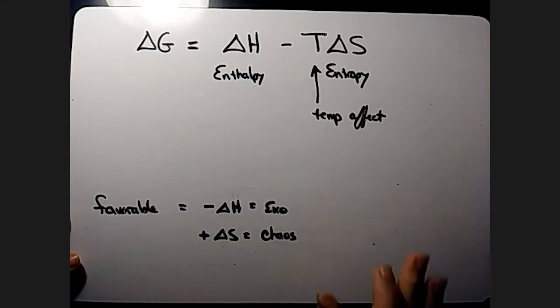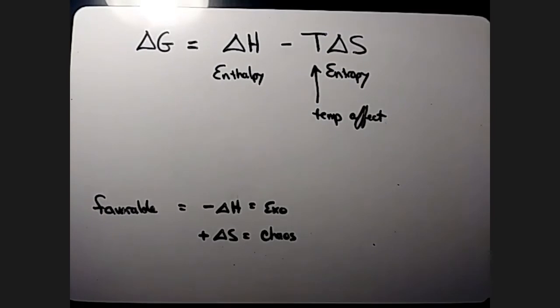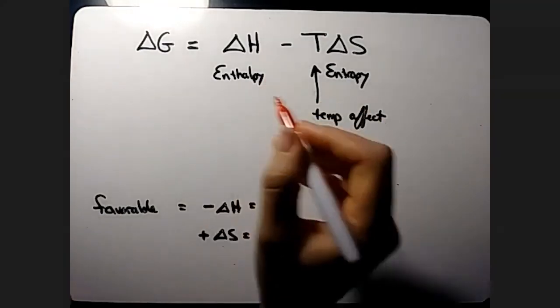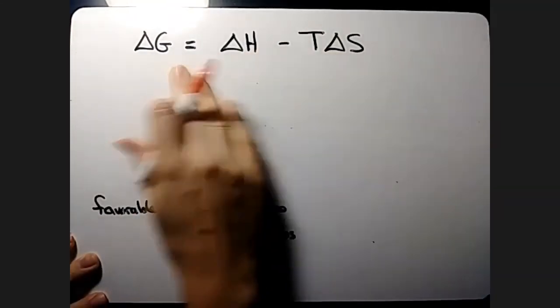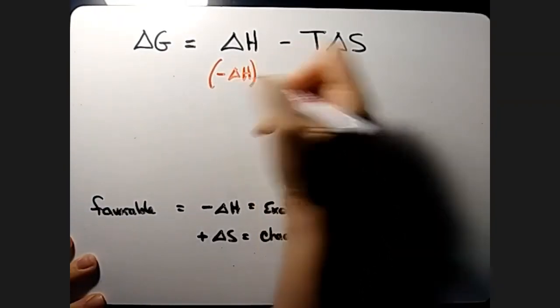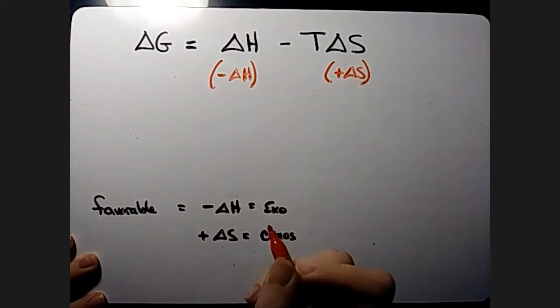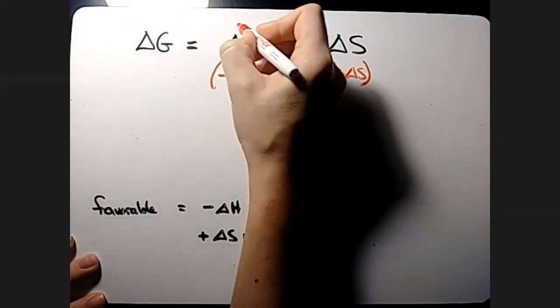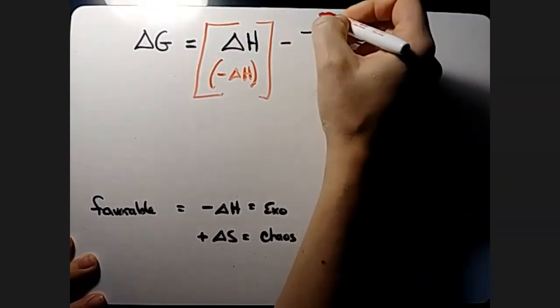Now, if you're really careful here, when you go to plug this in, what you're essentially going to see is, if I put in a negative delta H and a positive delta S, what you're essentially going to have here is a negative minus a positive.